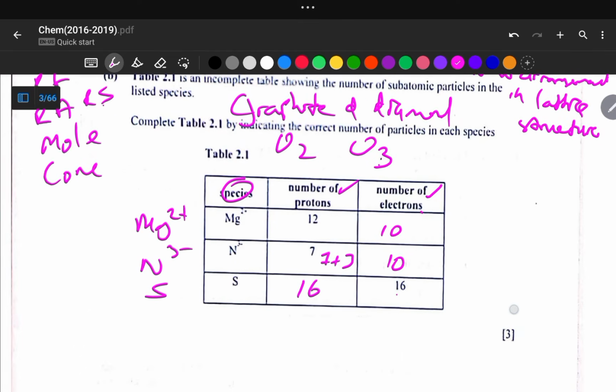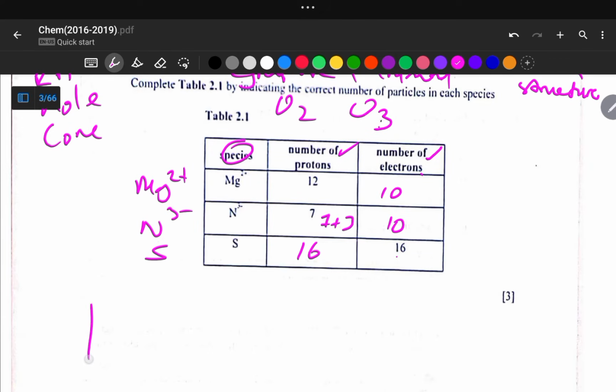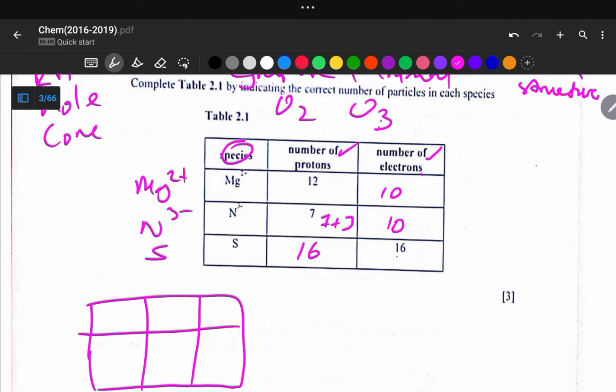You should be able to explain the subatomic particles using this graph. You should also know this table of subatomic particles: the particle, the mass, and the charge.